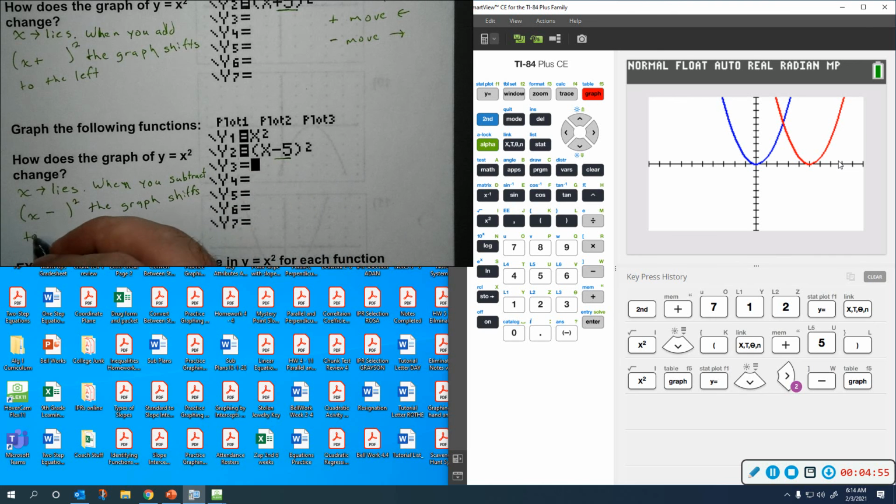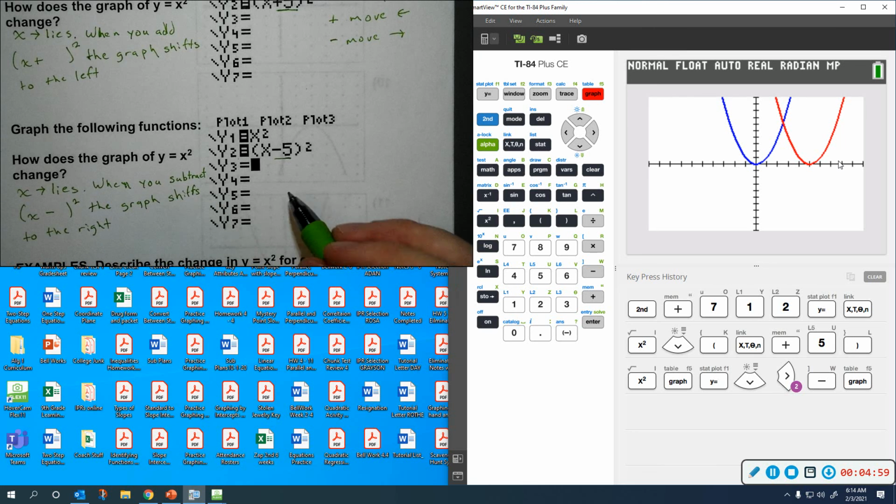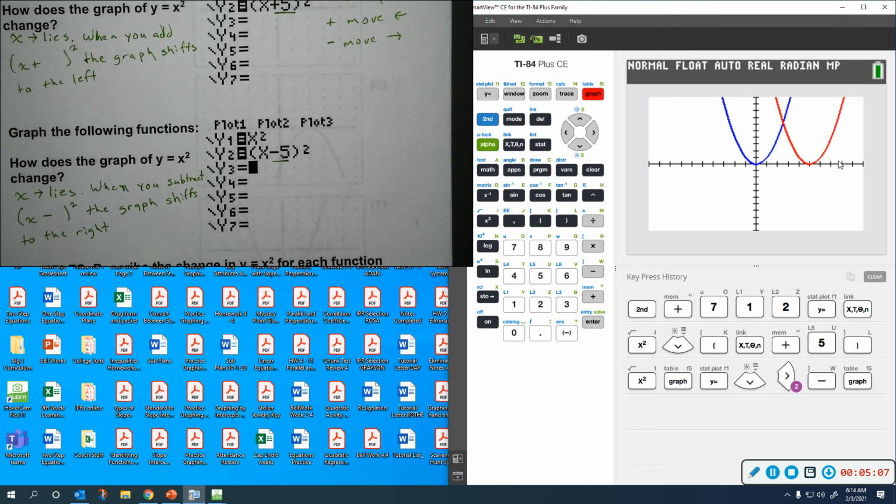And whatever that number is tells you how many units. So this one shifted 5 units to the right, and we can see it in our picture right over there.